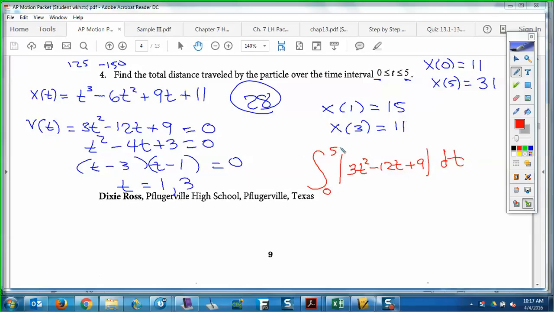Now, if this is a calculator problem, then this is a no-brainer. This is the way to do it. Right? Now you just type it in, and you got it. Okay? Wouldn't hurt to do that here real quick. Type it in. Absolute value. Remember, you don't get to use the vertical bar now.